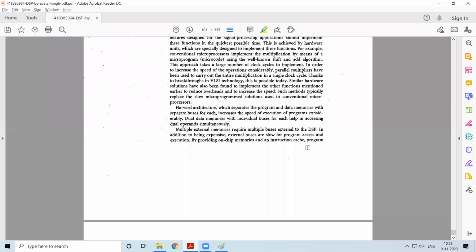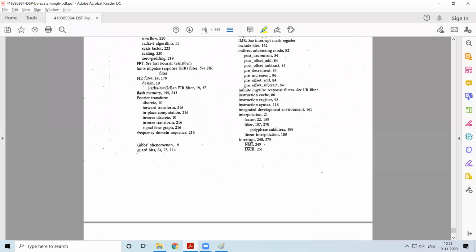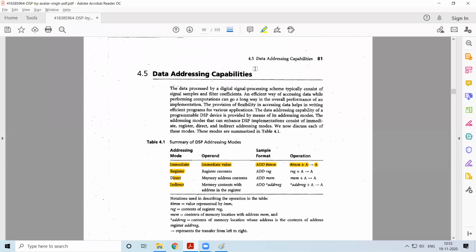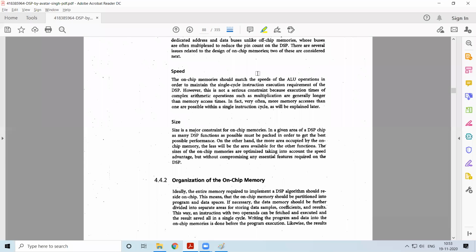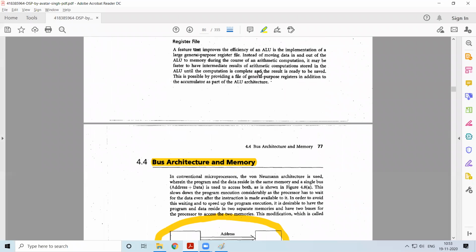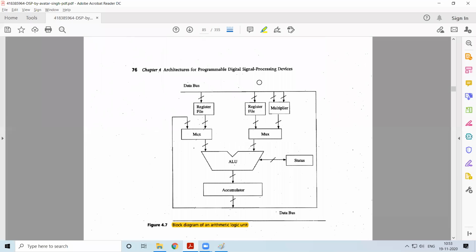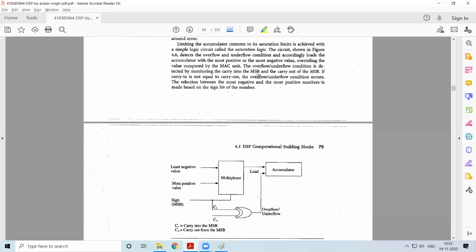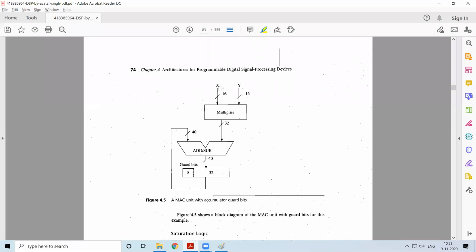So, if I'm just taking this here, two operands are coming in. You calculate the result and then store it. By that time, the next instruction and the next operand should be available.